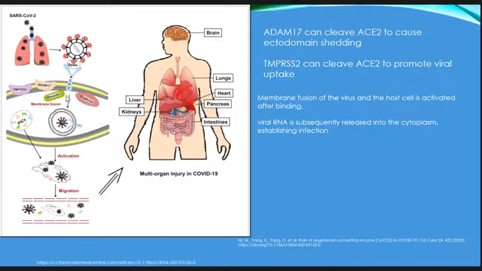So this is actually stopping that from happening through downregulation. This is part of the cytokine storm that's happening. Once this fusion takes place, there's multi-organ injury in the liver, kidneys, intestines, pancreas, all these organs that have high expression of the ACE2 on the lining of the epithelial cell.